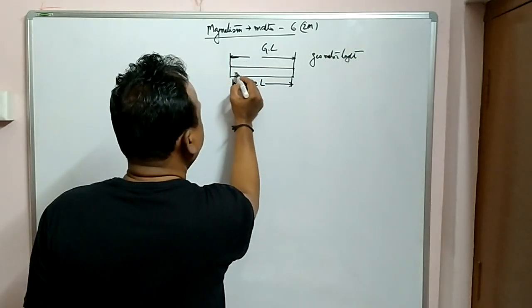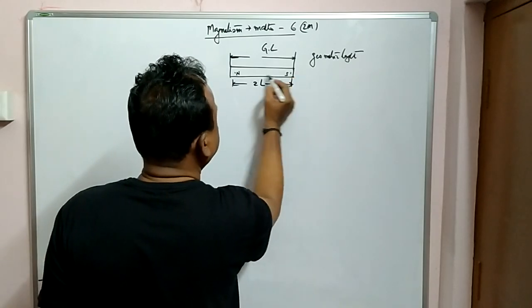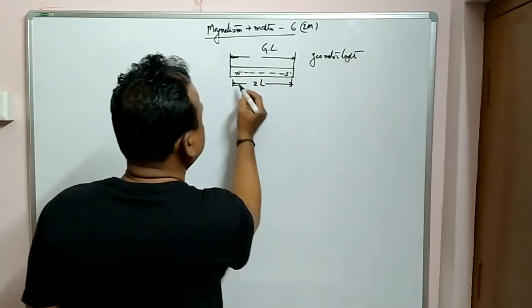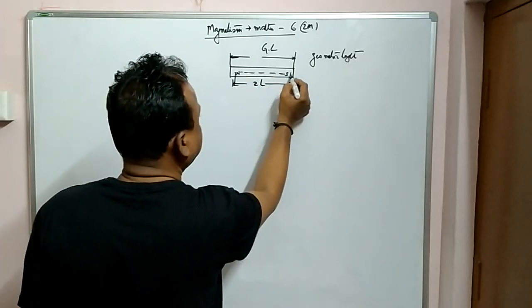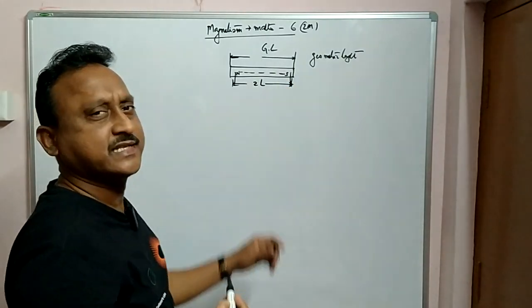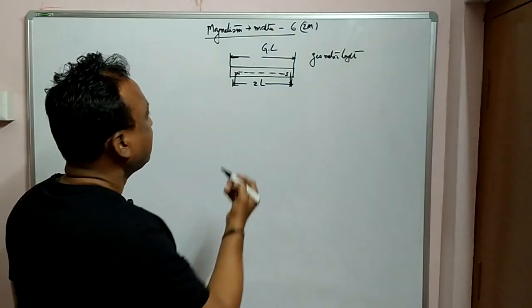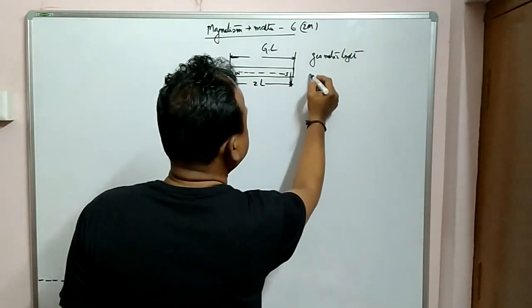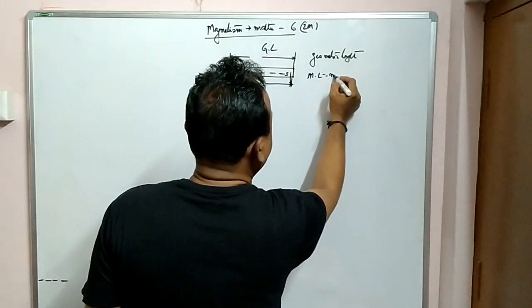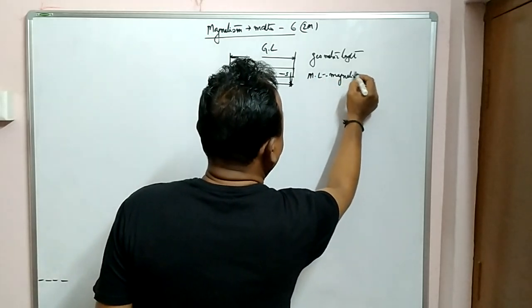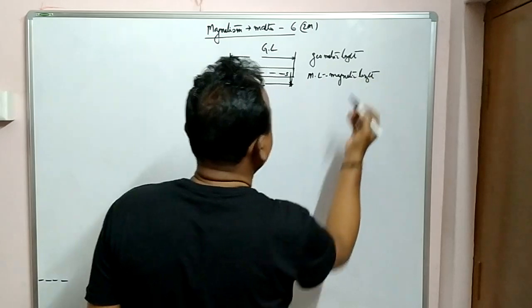And as we know, the poles, north and south, are a little inside. So this is called the magnetic length. Generally the magnetic length is taken as 2L. ML is equal to magnetic length.